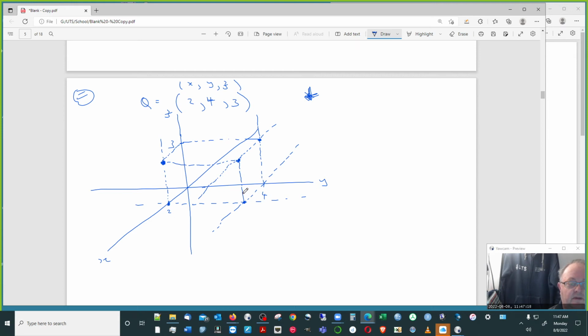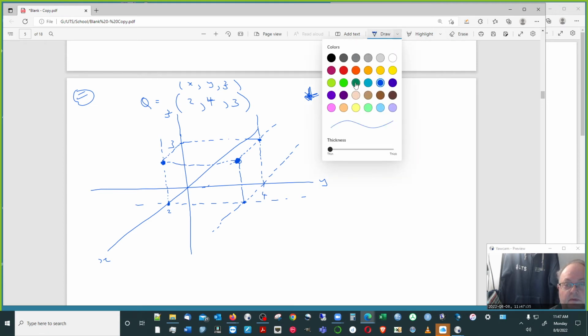Where's the coordinate of interest? 2, 4, 3. The coordinate of interest is that one. We can erase some of the superfluous bits that aren't going to be helpful. I think she did this, so probably not really that important for me to do it.